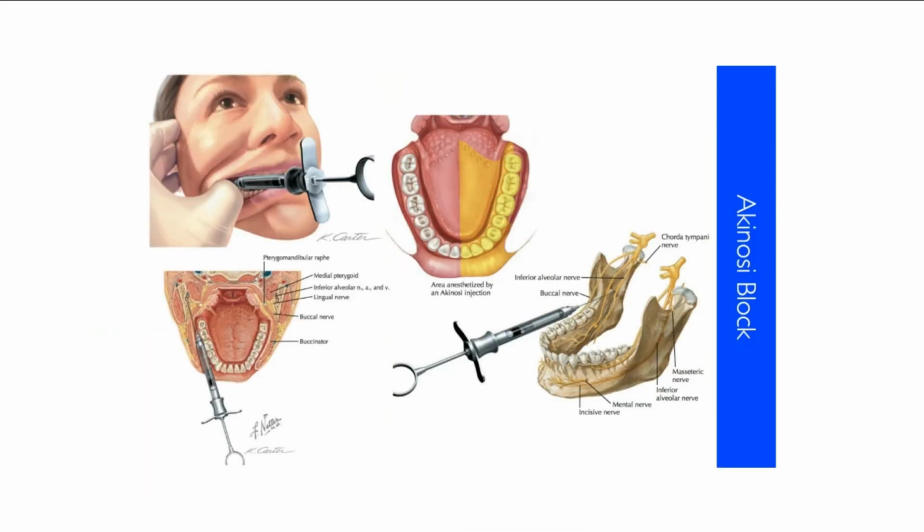And what are you going to get out of this? Exactly the same as the traditional. So Akinosi is just an alternative to the traditional standard Halstead cross arch, whatever you want to call it. It's an alternative, but the mouth is closed.